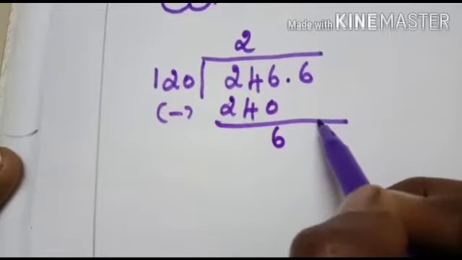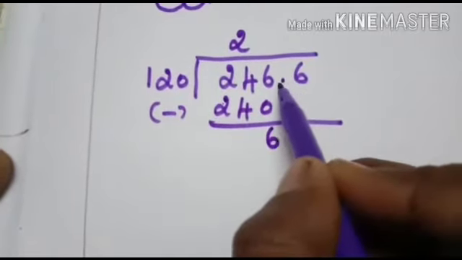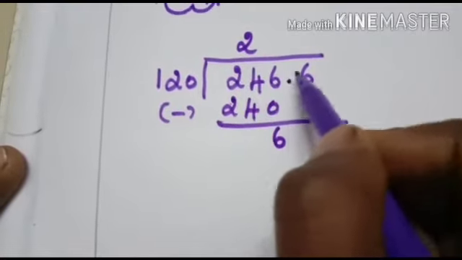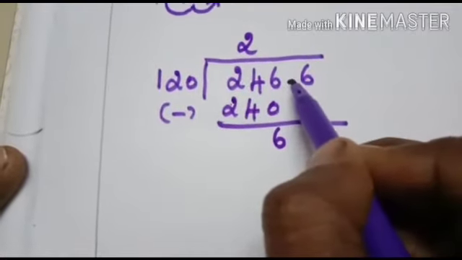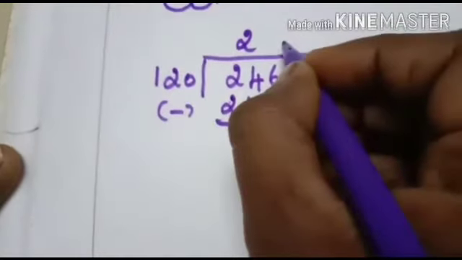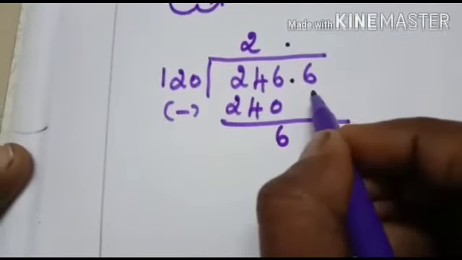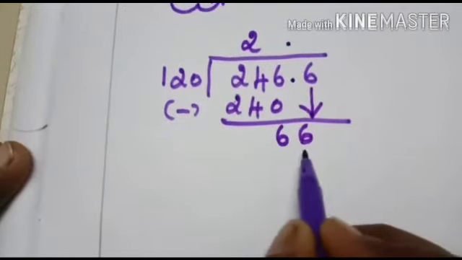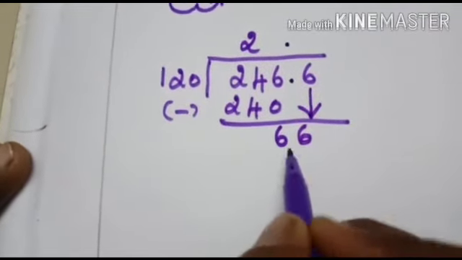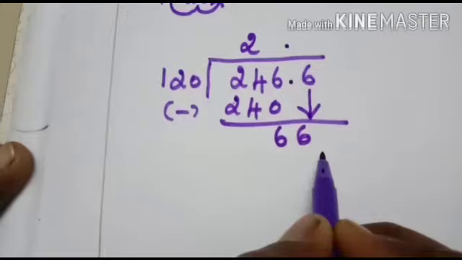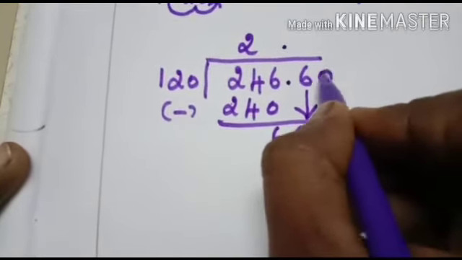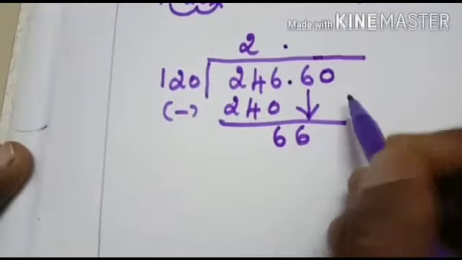Next we drop down the next number, but there is a decimal point in between the numbers, so we have to keep this decimal point in the quotient, and then we drop down the next number. Here now the number is 66. The division is impossible, so we have to put the 0 in the quotient to continue.